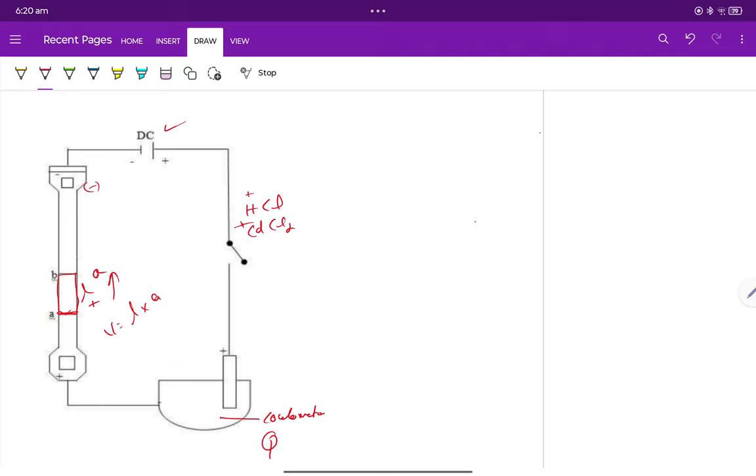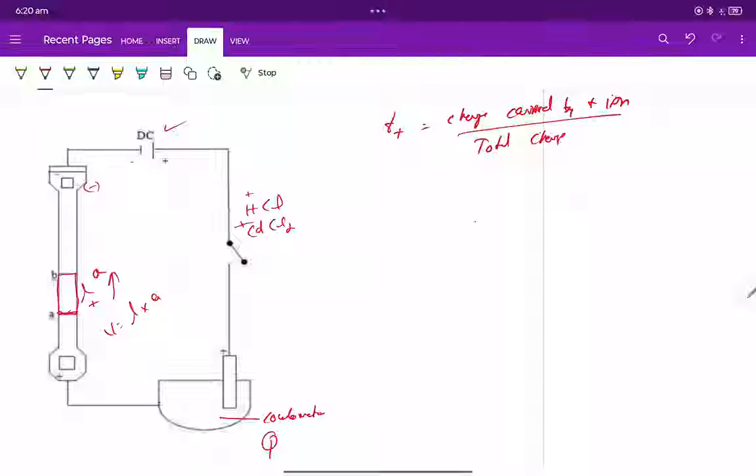Now let us see the equation for the transport number of the positive ion: it is the charge carried by the positive ion divided by the total charge. As I mentioned earlier, you can get the total charge Q from the coulometer.